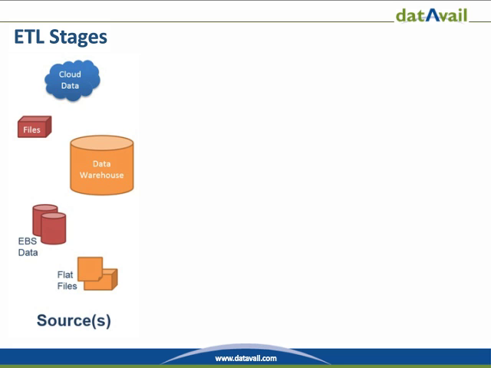So in an ETL, your source data can be a lot of different things. You could have data in the cloud. You could have data wrapped up in some type of CSV file or unstructured data, right? A NoSQL database, really a file system type database. There could be part of your ETL where the source is another data warehouse.